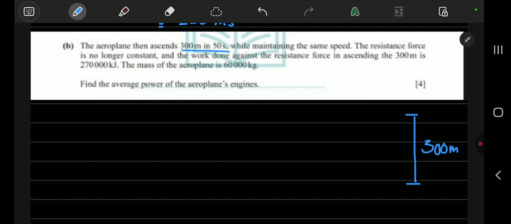While maintaining the same speed, the resistance force is no longer constant and the work done against the resistance force in ascending the same 300 meter is 270,000 kilojoules. The mass of the aeroplane is 60,000 kg. Find the average power of the aeroplane's engine.